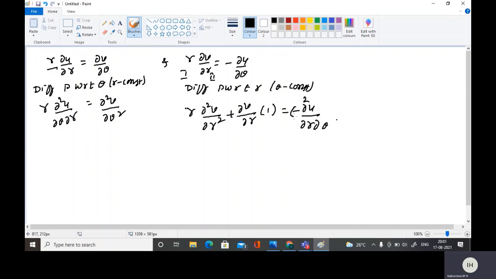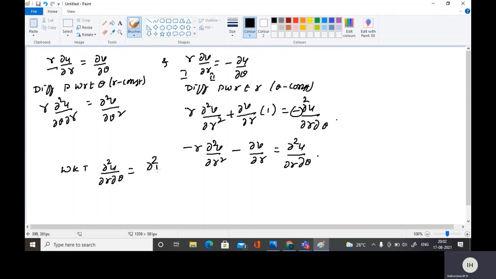We can keep this minus on the LHS, it becomes minus R into ∂²V/∂R² minus ∂V/∂R is equal to ∂²U/∂R∂θ. Okay, we know that ∂²U/∂R∂θ is the same as ∂²U/∂θ∂R. So you can take this as equation 1 and this as equation 2.